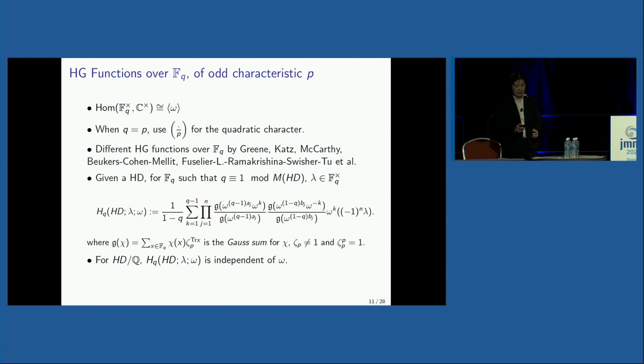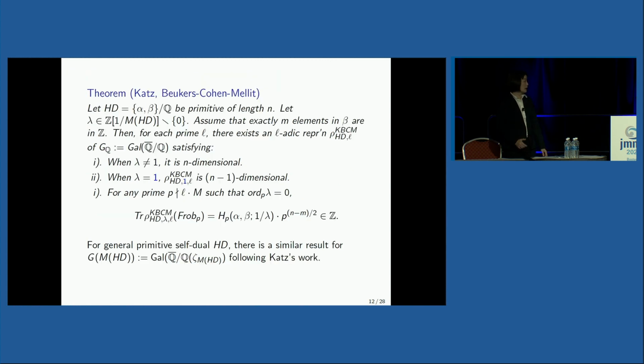And so let's move on to mention a very fundamental result. I will only mention the easiest case for me to state, which is due to Katz, and the lifting part is due to BCM. It says if you have a primitive hypergeometric datum defined over Q, then for any lambda which is coprime to the level and not 0, and if you also count how many elements in beta are in Z, all of a sudden, for any lambda you pick, you have a Galois representation of the absolute Galois group G_Q.